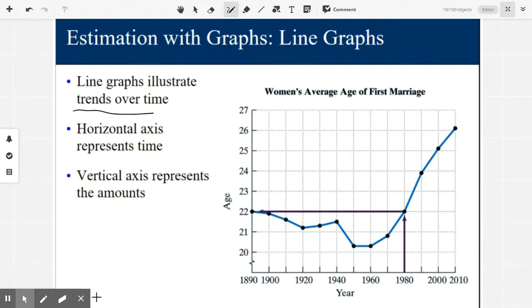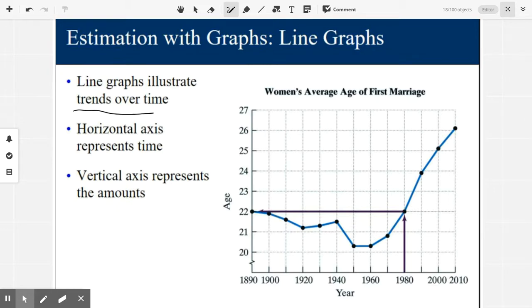You'll notice in 1890, a female would get married for the first time at the age of about 22. Notice back in the 1960s and 1950s, it dropped down to just over 20 years old, right there, between 20 and 21. 2010, it has moved up to 26 years old. So obviously the trend is saying that women are waiting longer to get married.